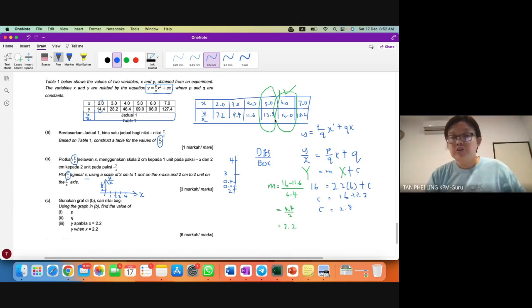So from here you calculate, and then you roughly know that your C should be somewhere around 2.8. That is a guidance that you need to adjust your ruler so that the y-intercept is at 2.8, and then you pass through these 2 points, the 11.6, because you use them as your gradient. So that is one way of doing that. Is that clear? Are you aware of this method now?